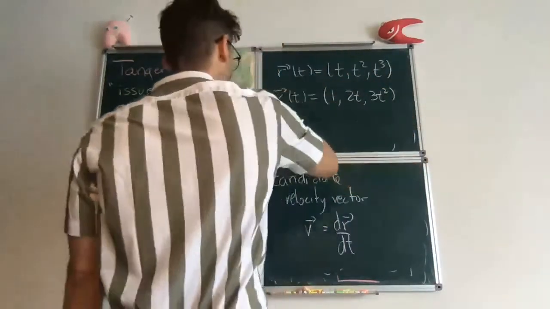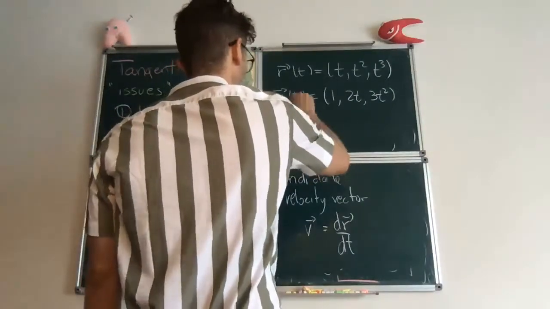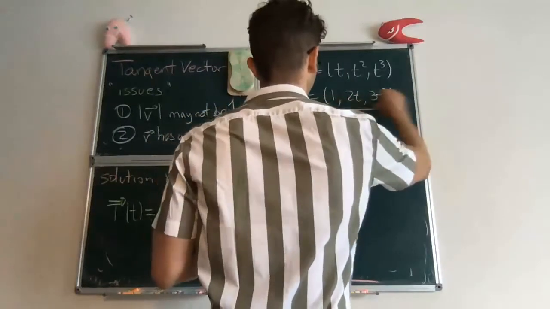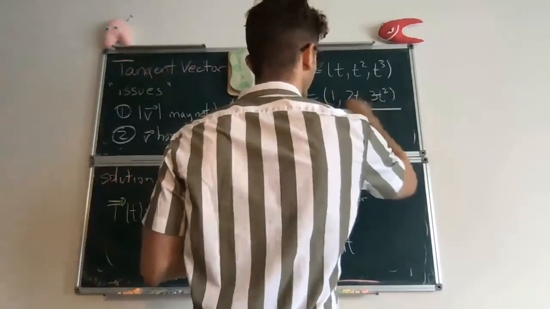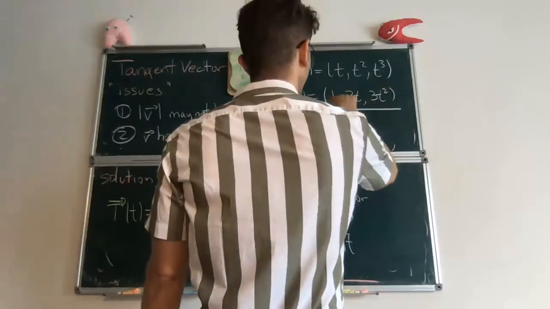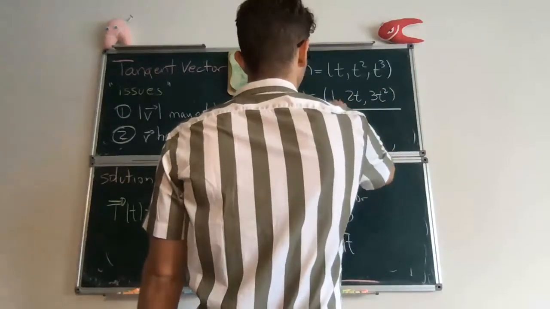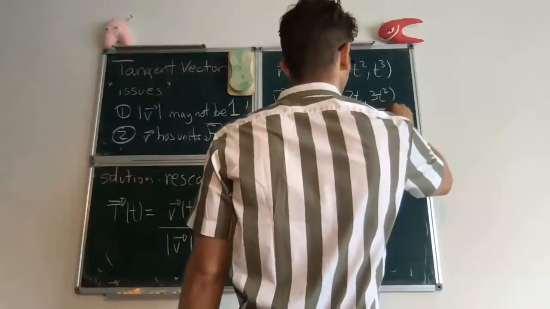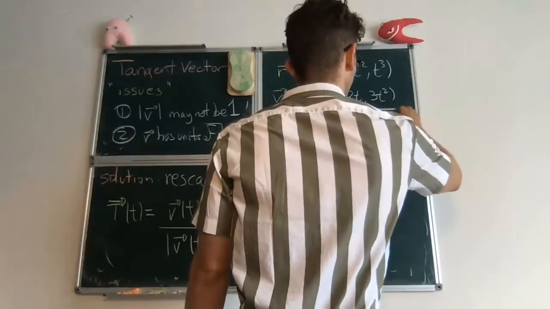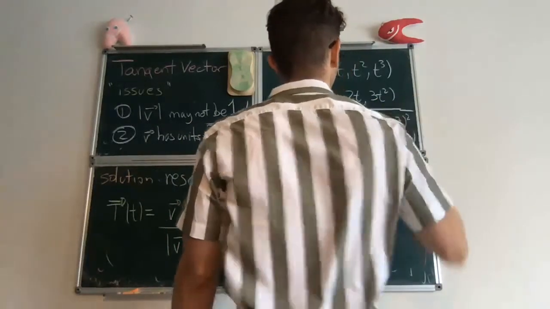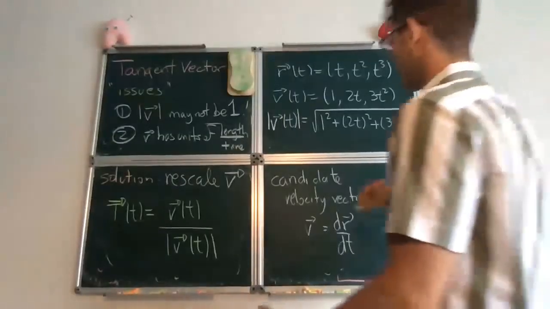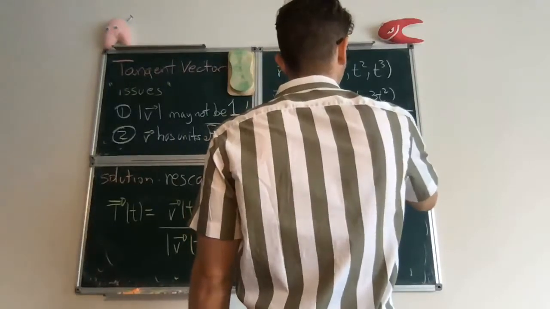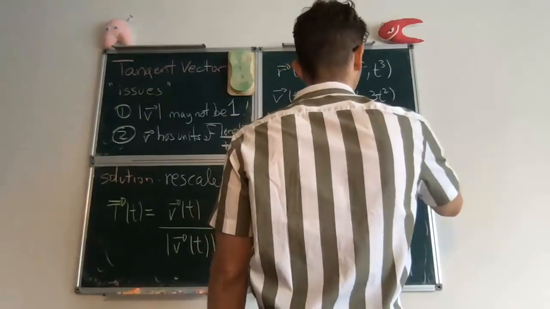Then the speed is the magnitude of the velocity, which, remember, the magnitude of a vector by Pythagoras is just the square root of the sum of the squares of each entry. So it's the square root of 1 squared plus (2t) squared plus (3t squared) squared, and that gives you the square root of 1 plus 4t squared plus 9t to the 4.